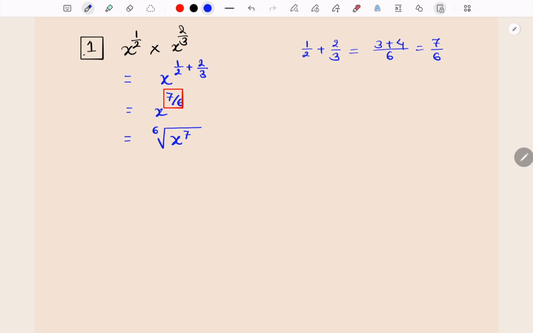So it will be 6th root of x raised to the power of 7. We can also write it as 6th root of x all raised to the power of 7. Both ways are correct.